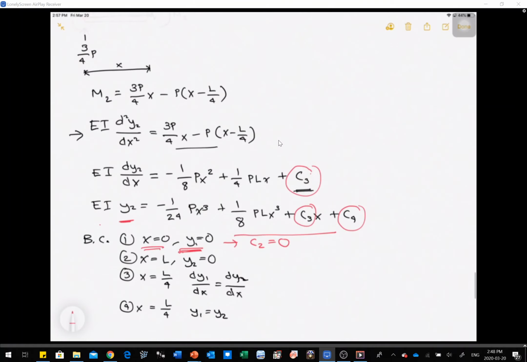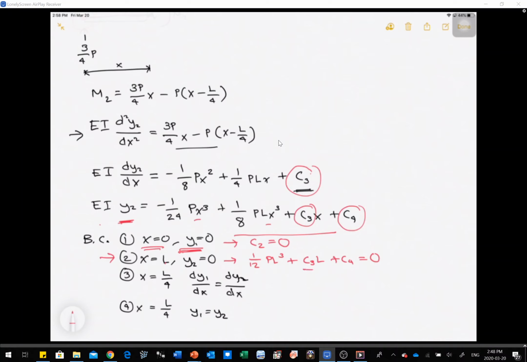So using boundary condition number 2, x is equal to L, so those become L, and y2 is equal to 0. If we substitute those numbers, we have the following equation. So we're going to get 1 over 12 PL cubed plus C3 L plus C4 is equal to 0. Let's leave this equation as it is for now.